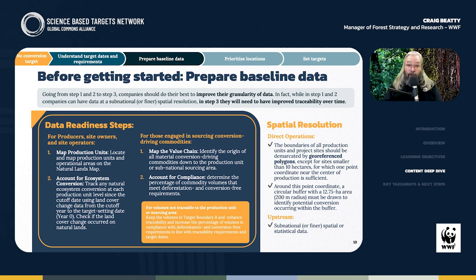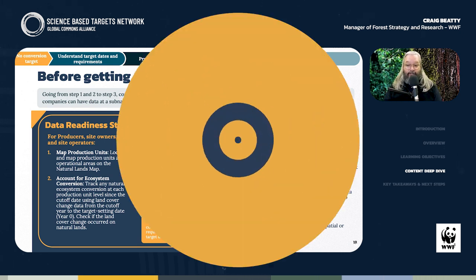And third, for volumes that are not yet traceable to the production unit or to the sourcing area, companies must work with the supply chain to improve traceability and increase compliance with deforestation and conversion-free requirements according to traceability requirements and target dates, while keeping the volumes in target boundary B as traceability enhances.